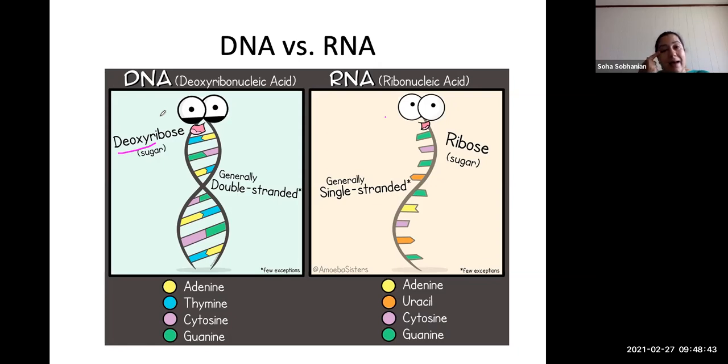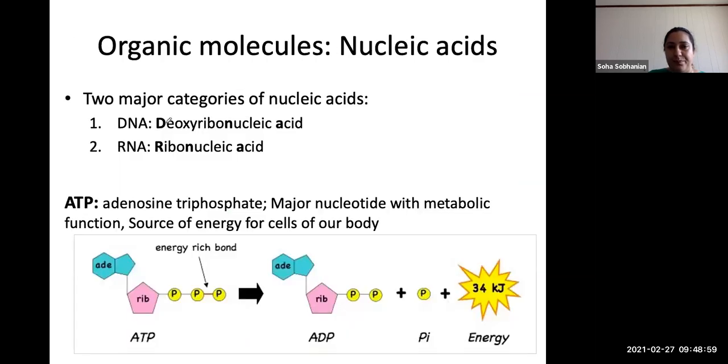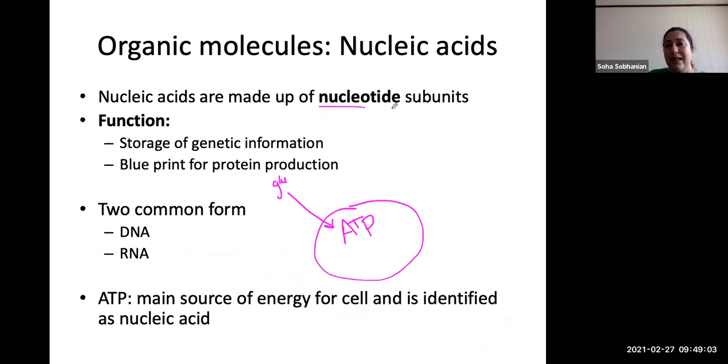Now, the next thing we have in terms of differences is what we call the bases of the DNA and the bases of the RNA. So I'm just going to do a really quick drawing of a nucleotide. Remember nucleotides, the basic building blocks of the nucleic acid.